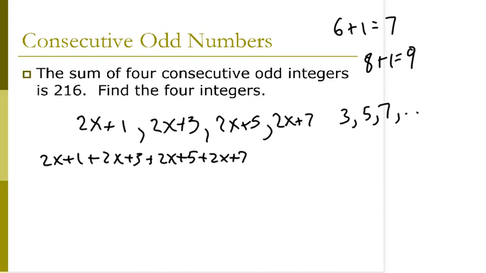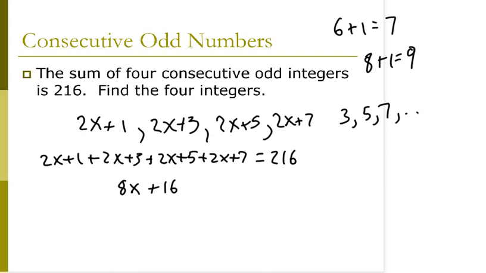When we combine like terms, 2x plus 2x plus 2x plus 2x gives us 8x. And we add 1 plus 3, that's 4, plus 5 is 9, and 9 plus 7 is 16. So we end up with 8x plus 16 equals 216.